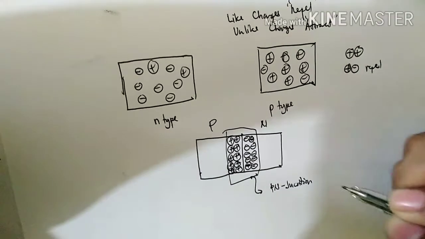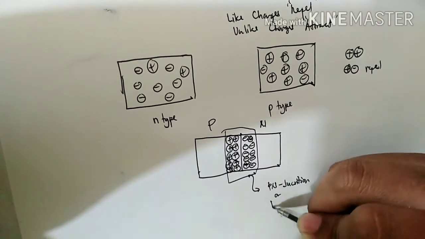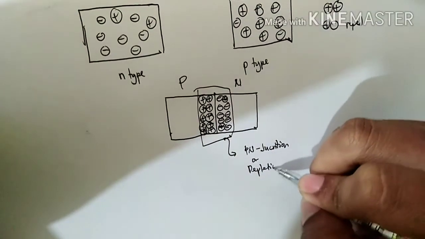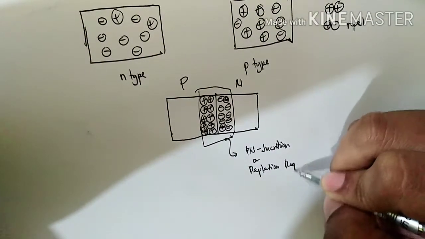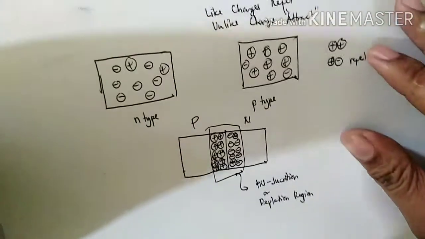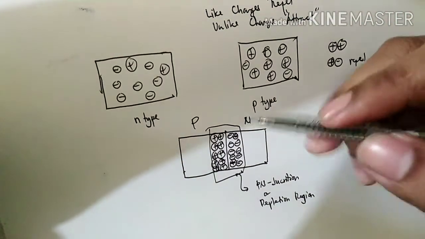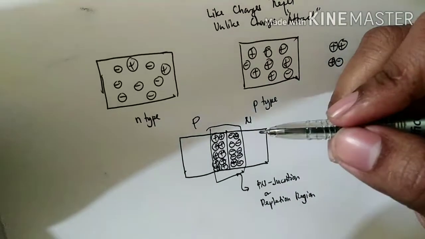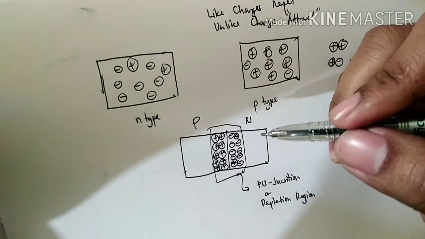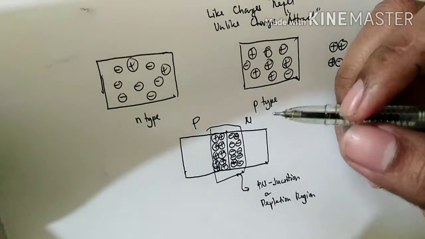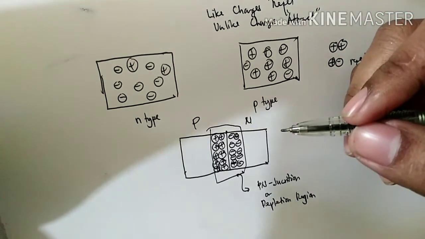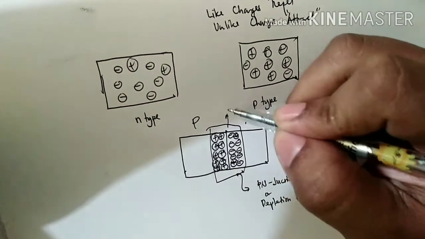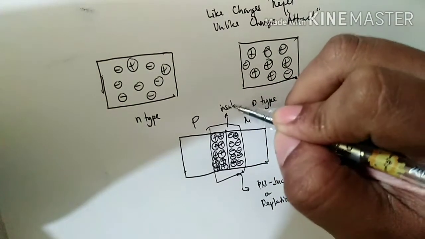The PN junction, or you can call this the depletion region. In this region, the holes and the electrons can no longer attract or repel. Meaning this region is treated as an insulator.